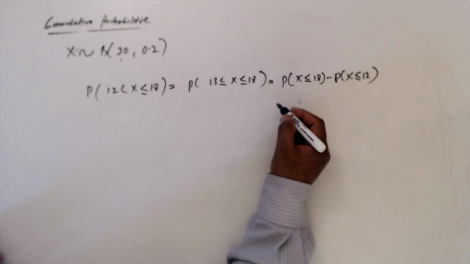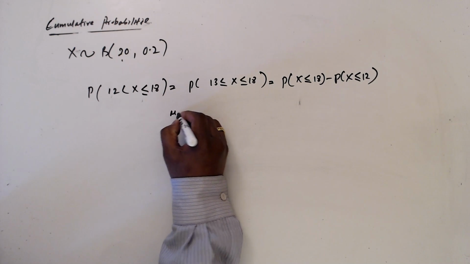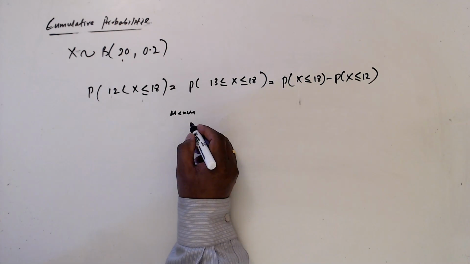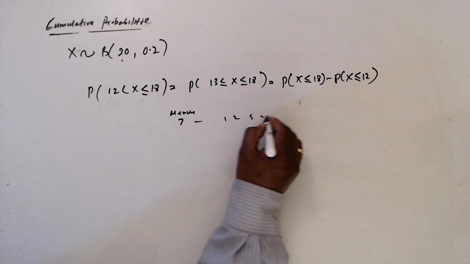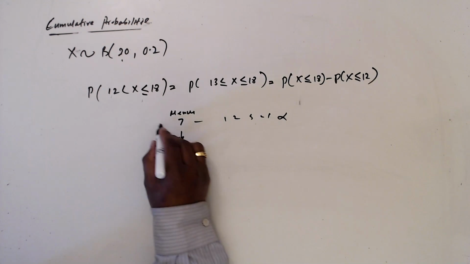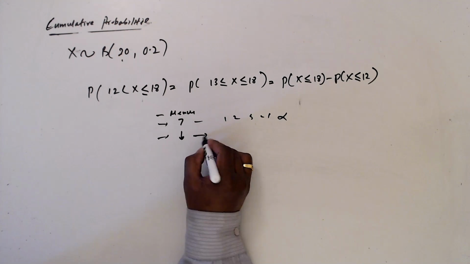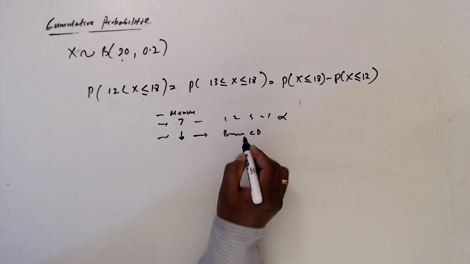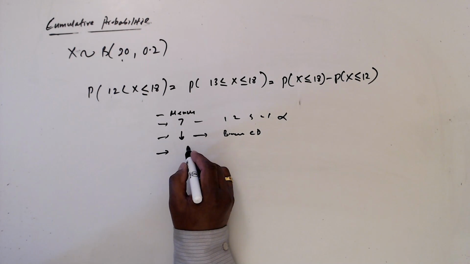Now how do you do this straight from the calculator? Usually you go to menu as usual. So menu, then 7, then you can get 4 options. Don't select this one, use the arrow to go down. When you arrow down, you can see, as usual, binomial CD. Out of that you select 1.